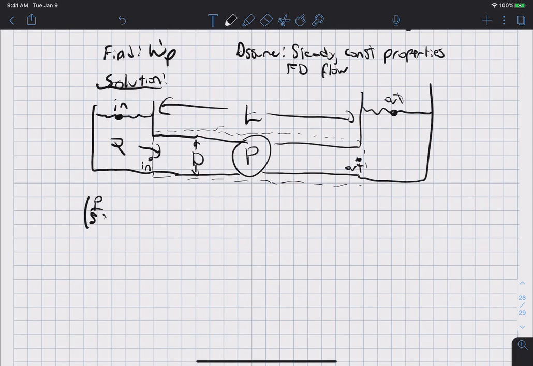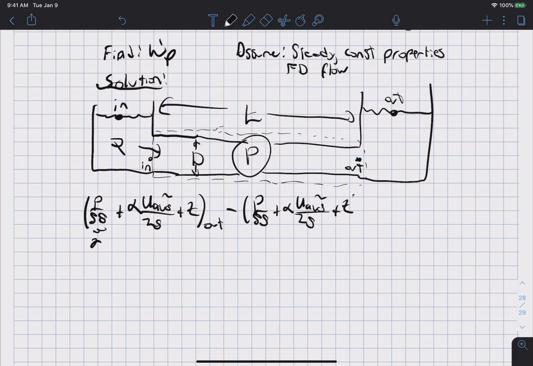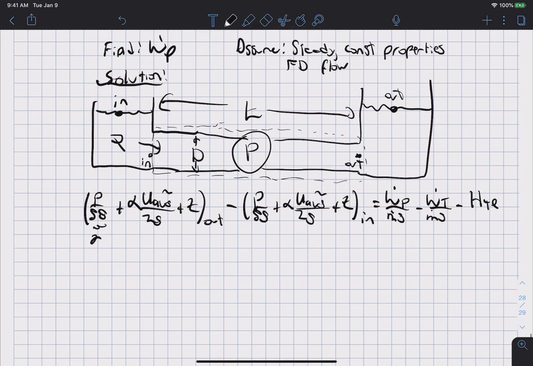So that's P over rho g, and rho g is just gamma, plus alpha U averaged squared over 2g plus z at the outlet, minus P over rho g plus alpha U averaged squared over 2g plus z at the inlet, equals W dot pump divided by m dot g, minus any turbine work divided by m dot g, minus the total head loss.